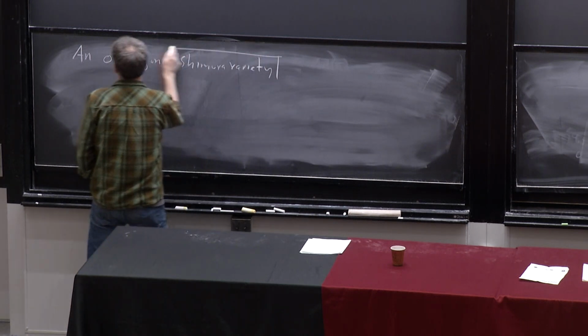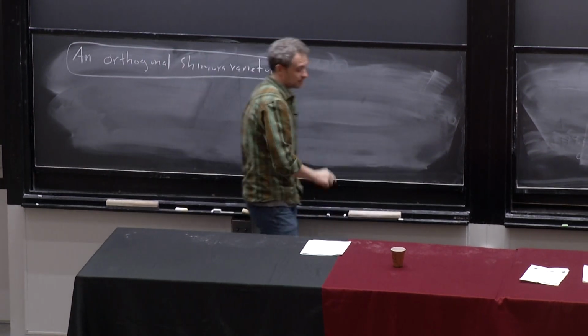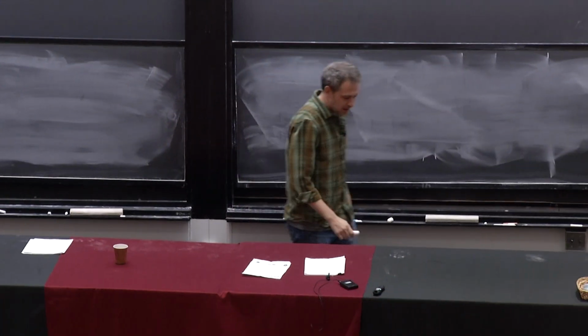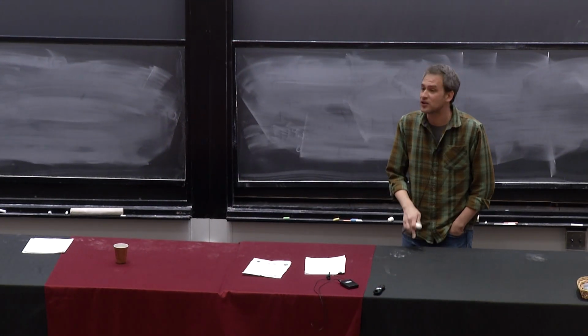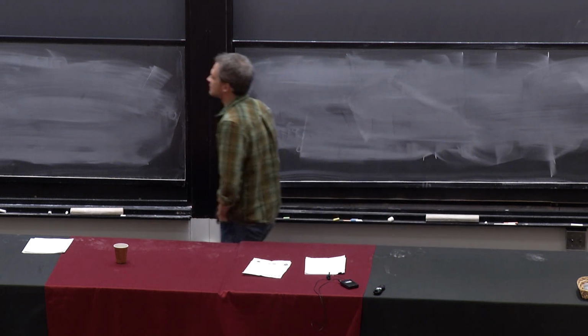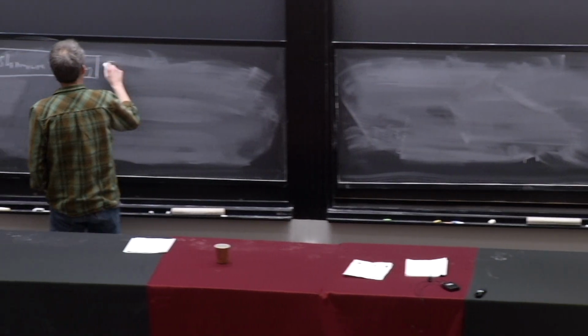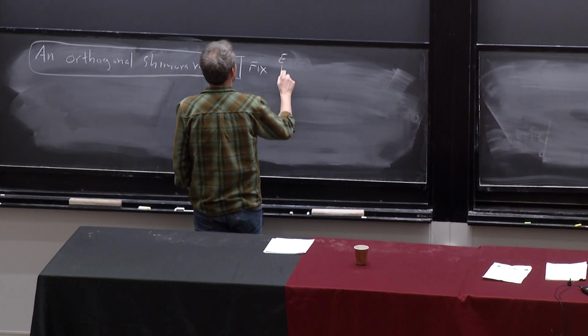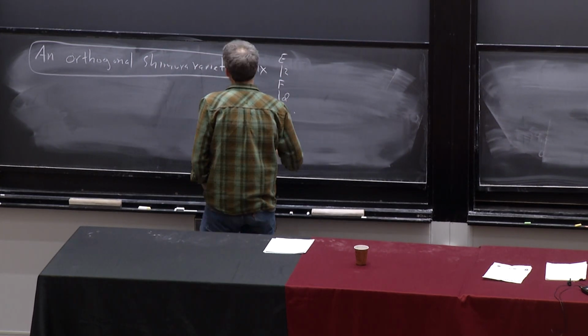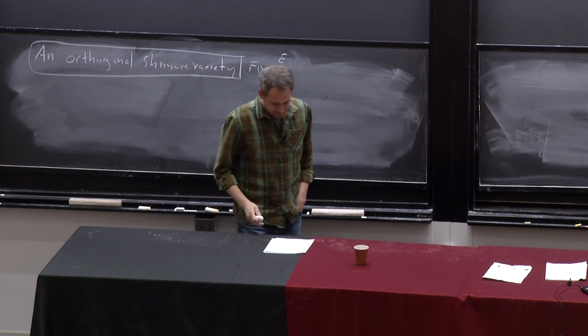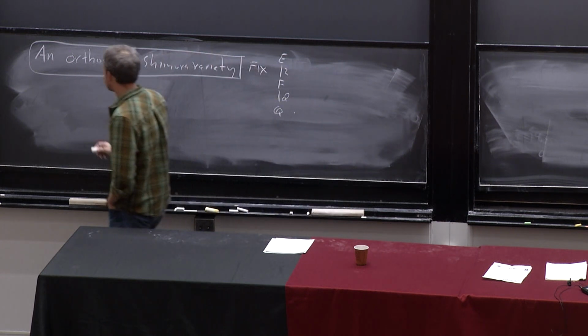Okay, so step 1 is to construct some quadratic space over Q. And I'm going to construct the quadratic space over Q in such a way that it knows about our fixed CM field E. So fix a CM field, first of all, E. And label all of its complex embeddings.